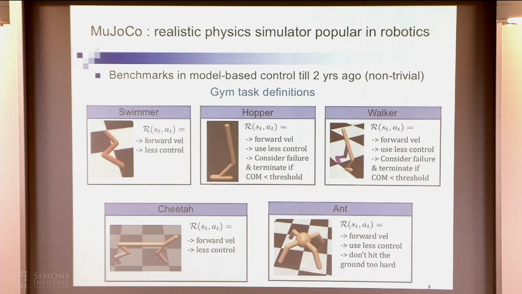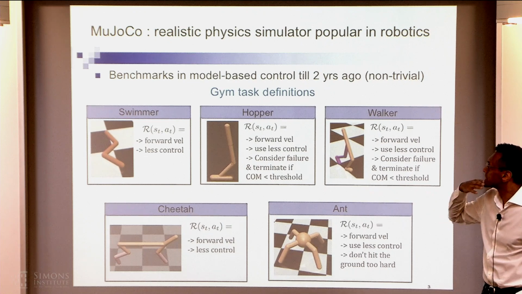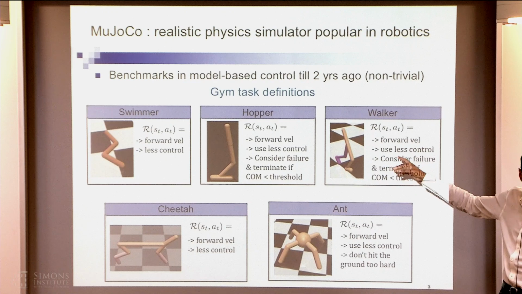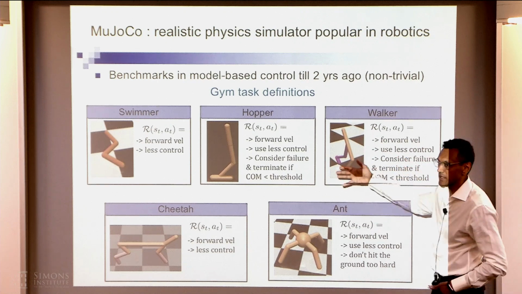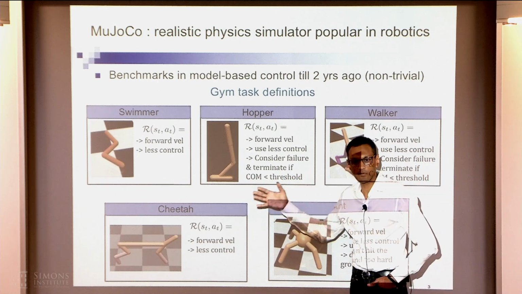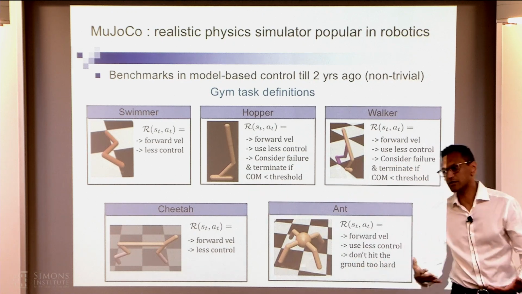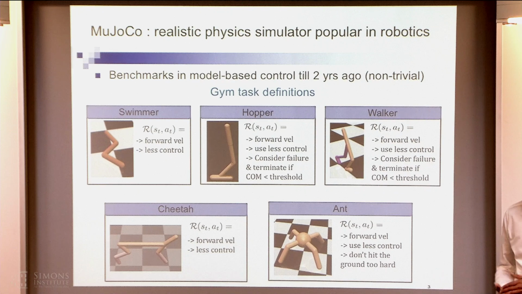Okay, so in the last 2 years, there's been this benchmark of control tasks in RL Gym. This is a physics-based simulator that Emo Todorov came up with. It's a really nice simulator because you can design the control systems, test things out, and transfer to real robotics. And it's very, very effective.